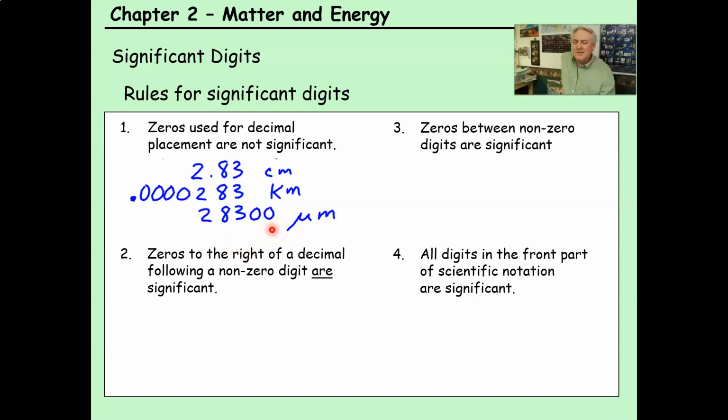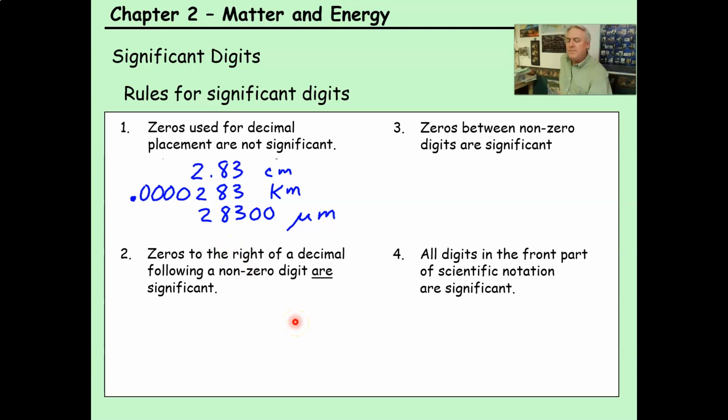So we still say that this measurement has only 3 significant digits. So the precision of all 3 of these measurements is exactly the same. They're just different units. They all have 3 significant digits. And the zeros tacked on the front or on the right side are not significant digits, but still there to tell us where the decimal place is.